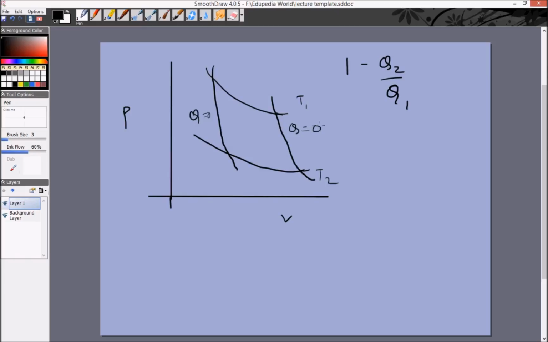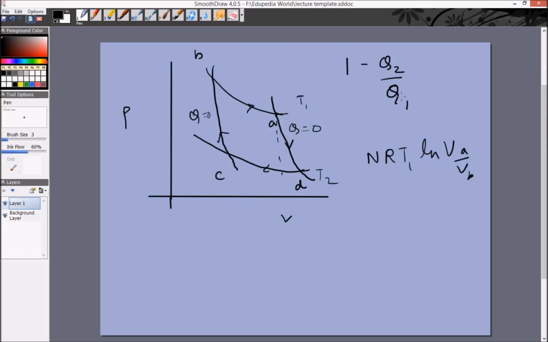Let's call these A, B, C and D. During the isothermal process, the heat absorbed will be nRT1 ln VB by VA, going like this.